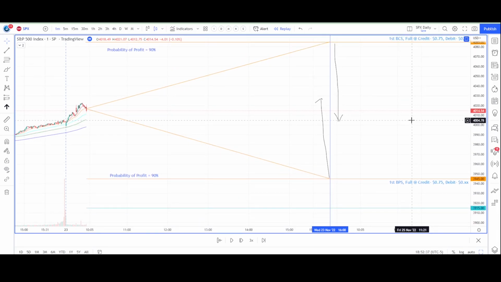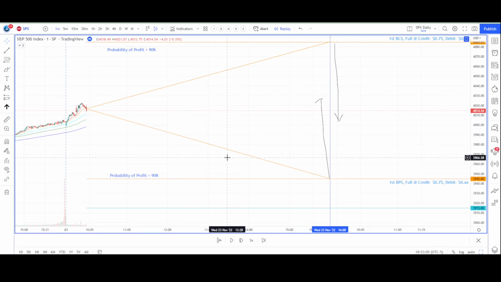The reality is the probability of expiring out of the money for both spreads would actually be closer to 80%. And that 80% is before entering our hard stops. So in other words, instead of starting out at 90%, with the iron condor we'd actually be starting out at 80%. And the reason is slightly intuitive if you consider the following.